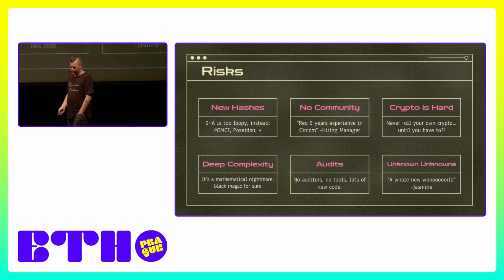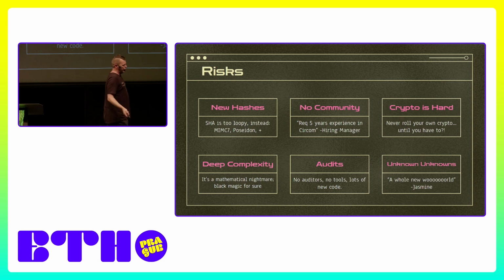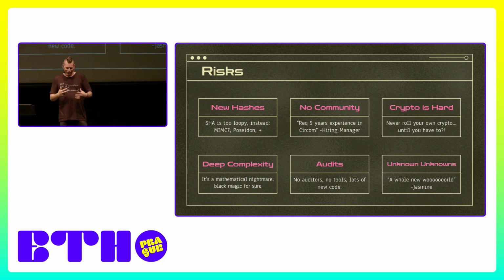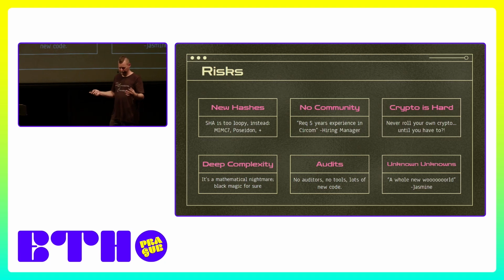And it's deeply complex. The language is fairly hard to handle. The whole being able to compile everything into chains of math is kind of hard. There's no auditor, or there's a couple auditors, but exceptionally hard to find, not a lot of availability. We don't really know how good they are, that sort of thing. And then, of course, there's unknowns. There's the things we don't know, right?